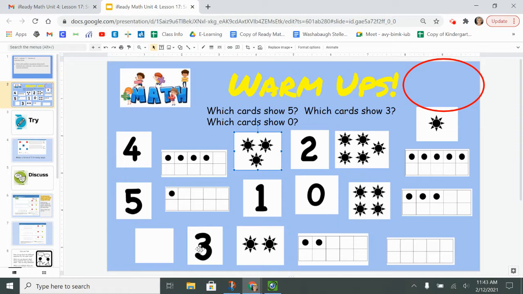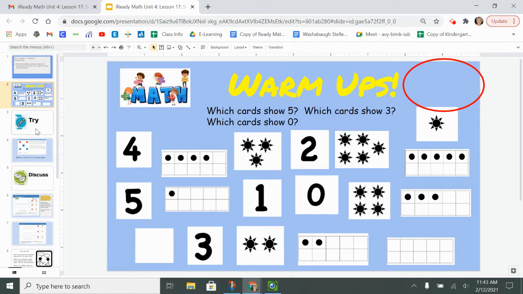Good. Good. Good. Now let's point to the cards that show 0. 0. 0. Excellent. Remember, that's called subitizing.